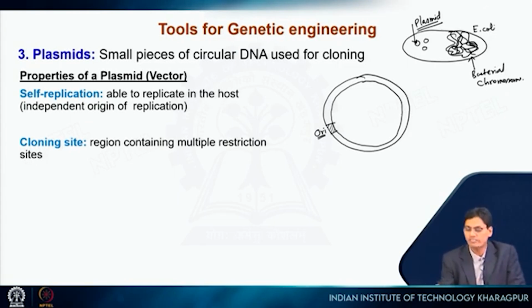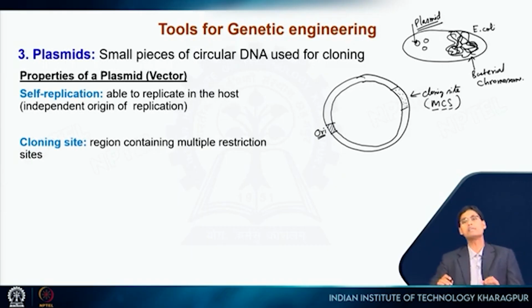If this is the cloning site, it means here you have multiple restriction site sequences. Sometimes we say MCS, that means multiple cloning site.